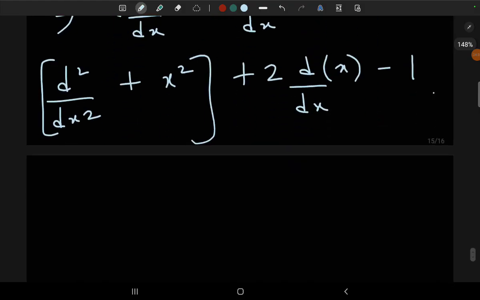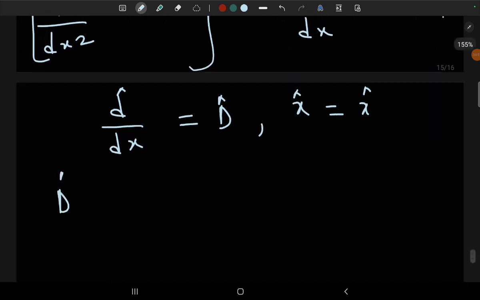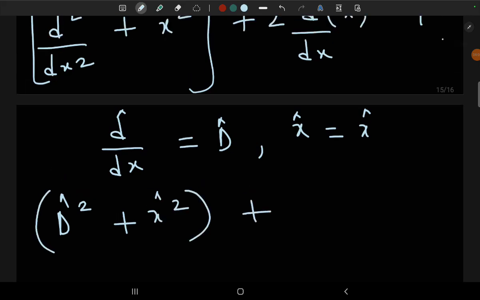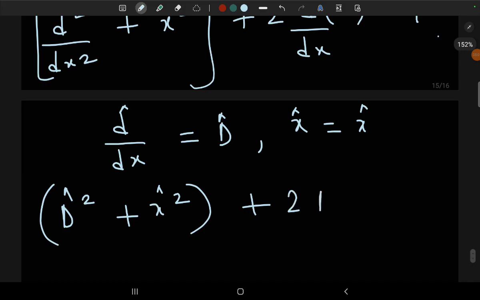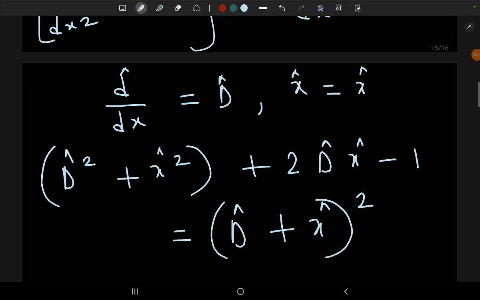If we call, let's say, d/dx as the operator D and x as the operator x, okay, then this turns out to be D squared plus x squared plus 2Dx minus 1, which is actually the result of D plus x whole squared, right?